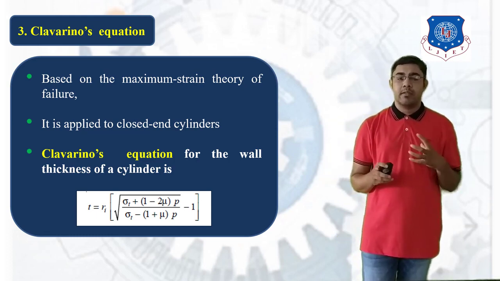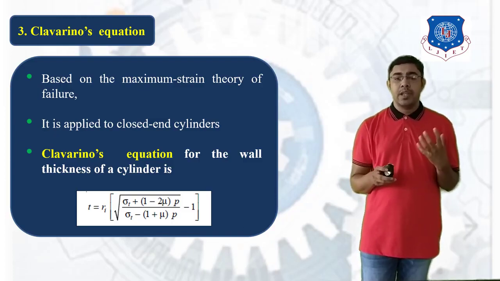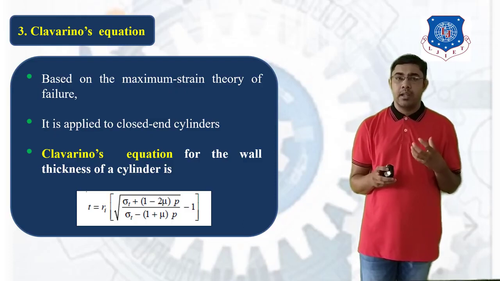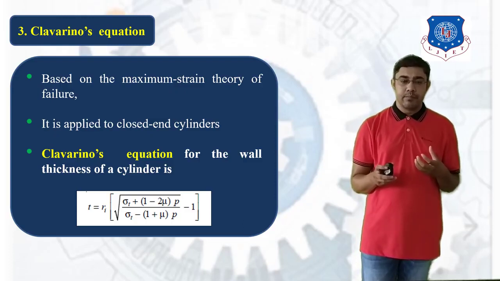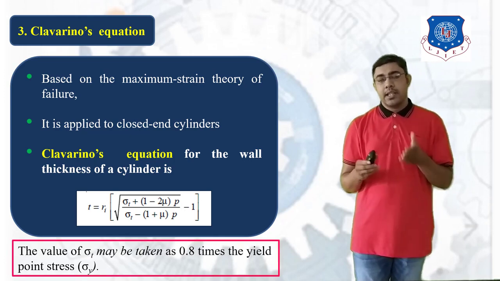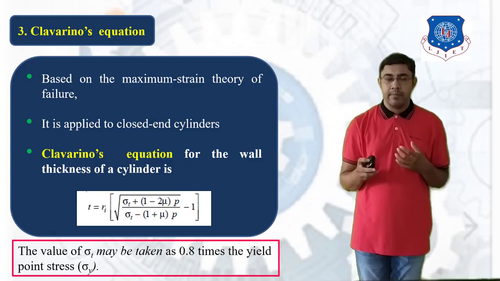So this is the wall thickness equation according to Clavarino, and we have to use this equation whenever the condition is a closed end cylinder. And here you also have to take sigma T is equal to 0.8 times the yield stress sigma y.